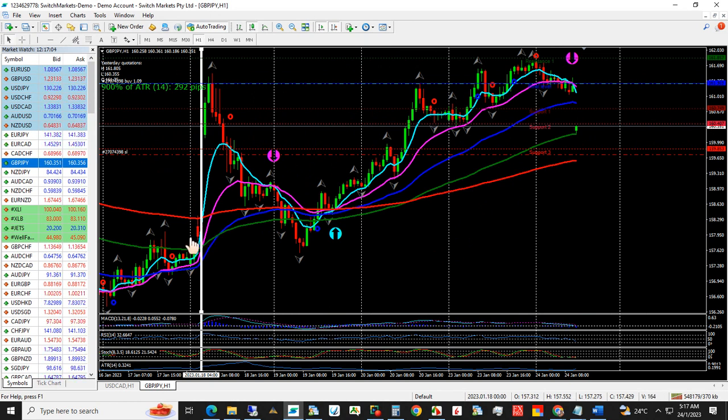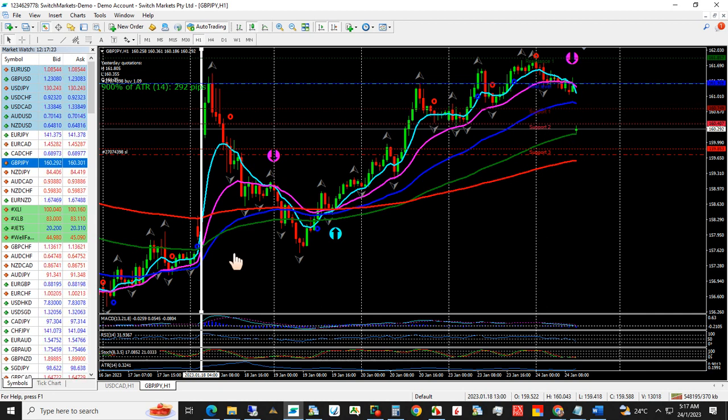But when I look at the market structure here, the market structure could not be deemed to be bullish and orderly. But I'm still interested in the 821.